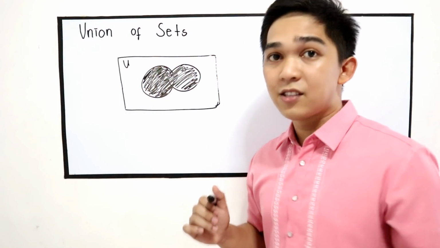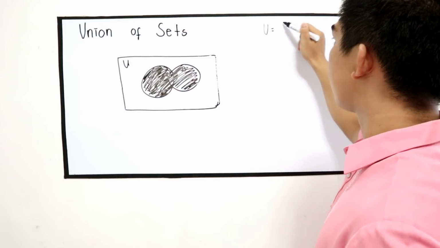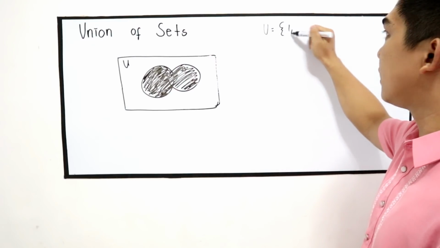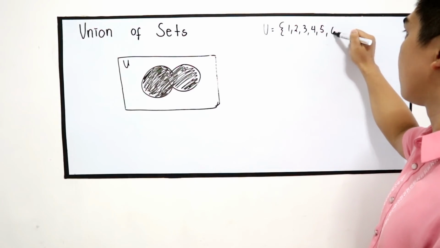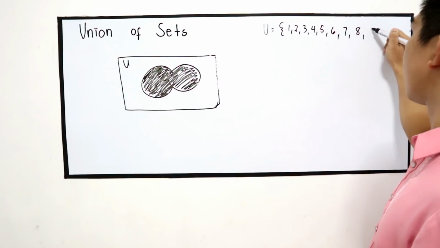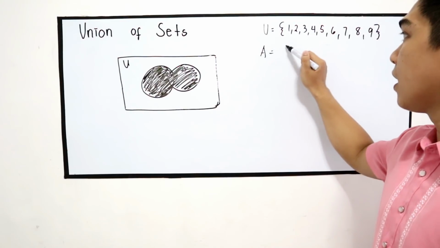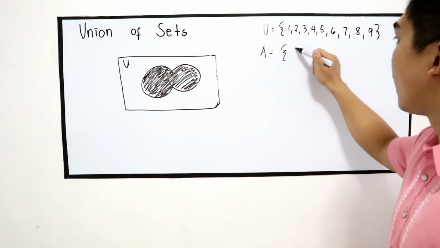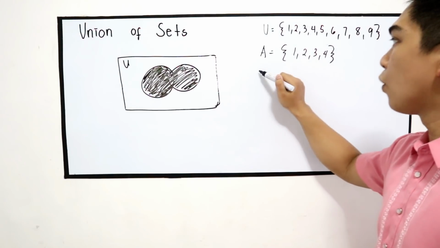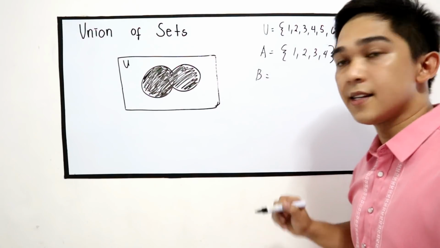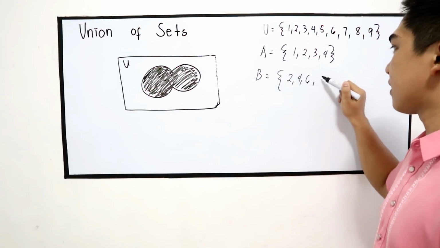Let's have example. Let's say our universal set is 1, 2, 3, 4, 5, 6, 7, 8, and 9. Then set A is 1, 2, 3, 4, while set B is 2, 4, 6, 8.